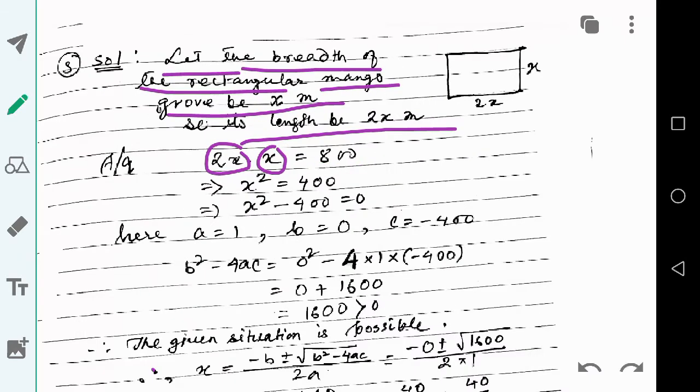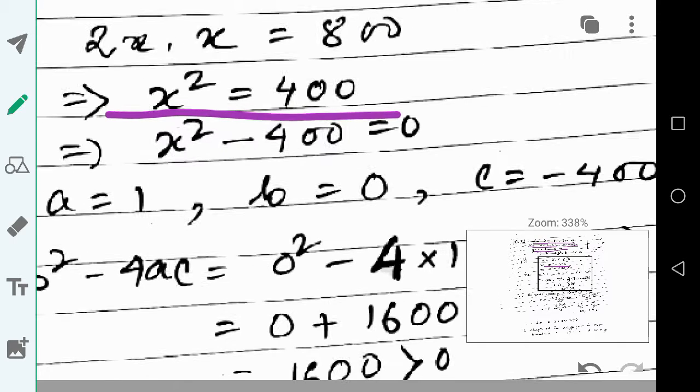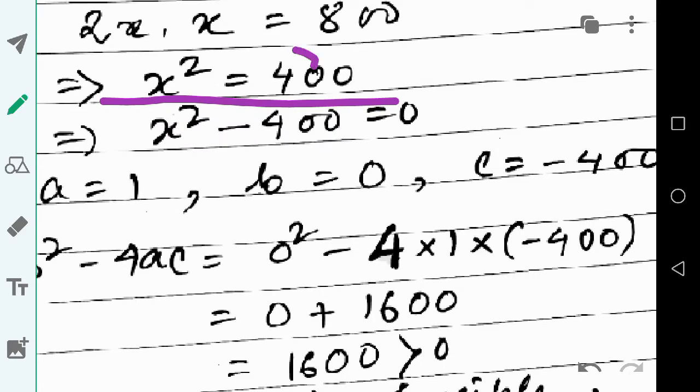So twice x into x, twice x square. Now both sides are divisible by 2. So dividing both sides by 2, we have got x square is equal to 400. Now bring the 400 to this side. Now x square minus 400 is equal to 0.